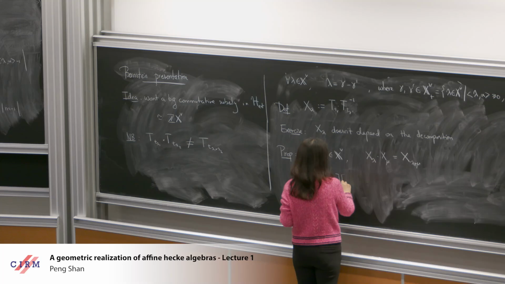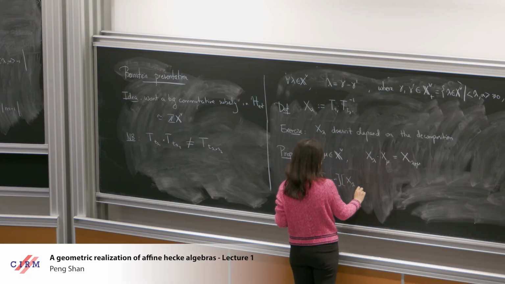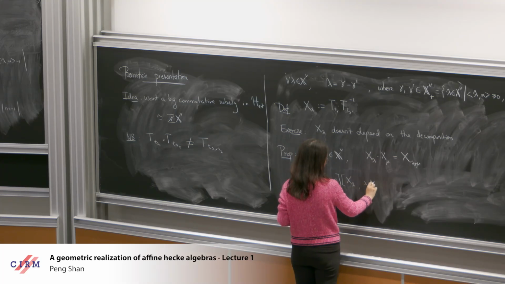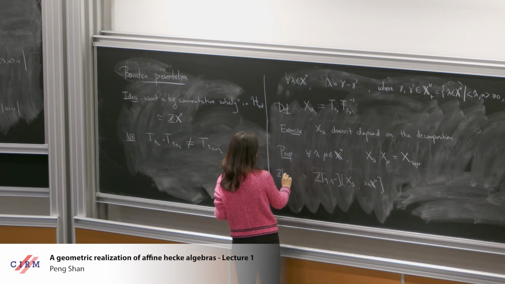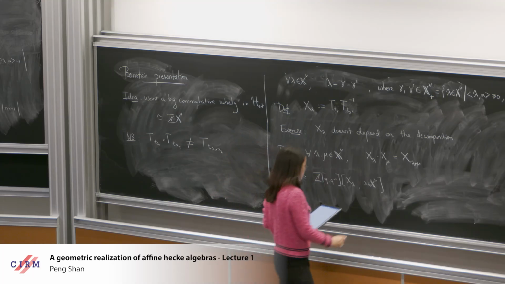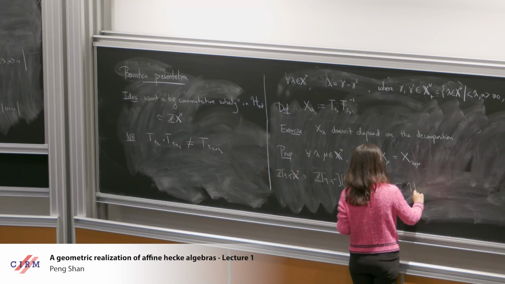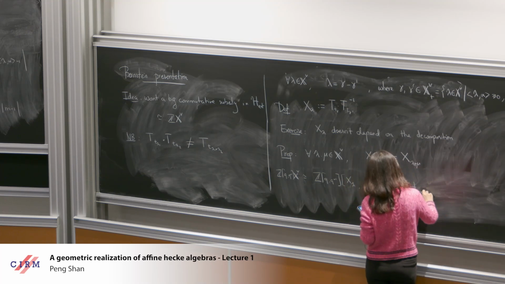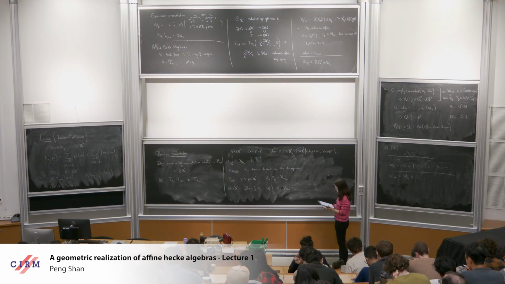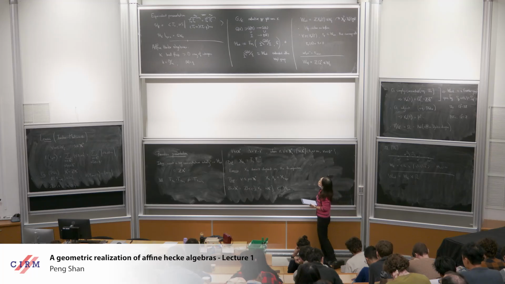So if you take all these X lambda, this is really isomorphic to the group algebra of X check as an algebra, and this is a big commutative algebra sitting inside the extended affine Hecke algebra.